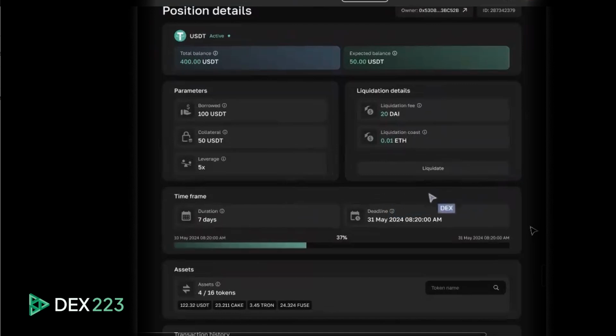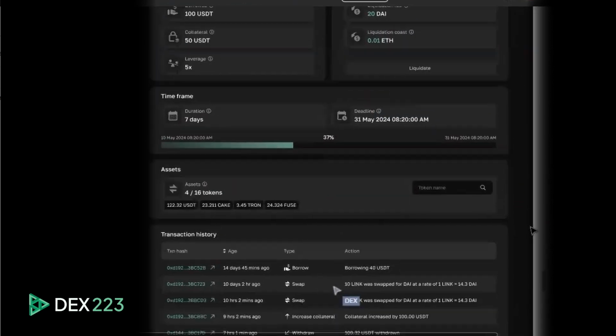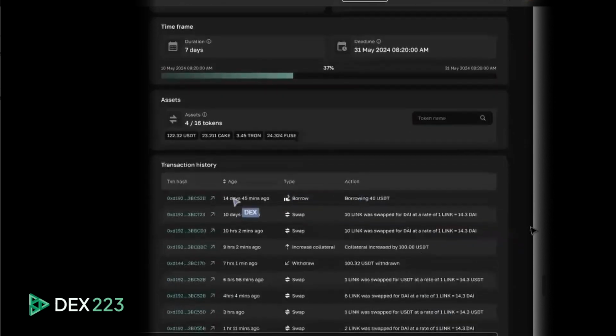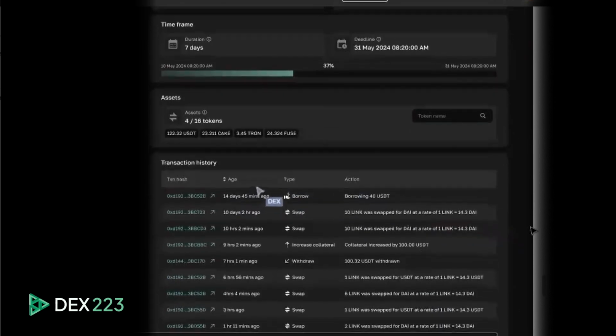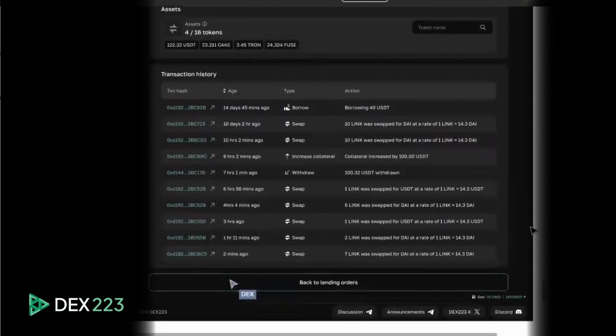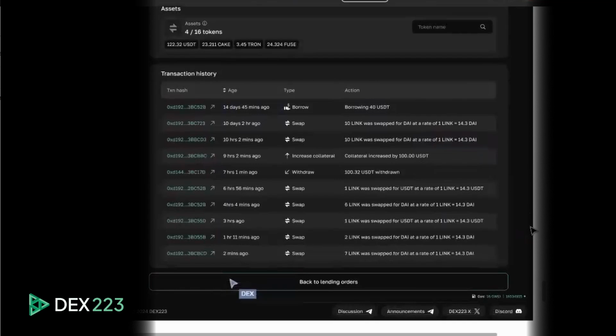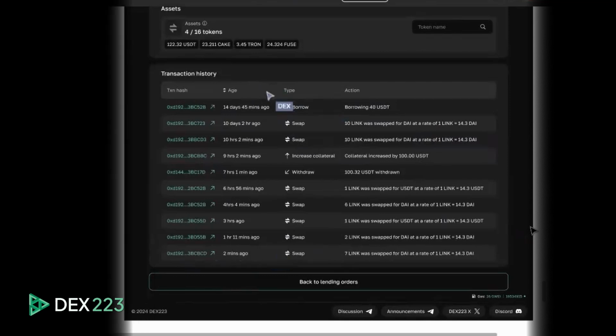And here you will be able to find the transaction history. For any position, we will keep a transaction history, not actually we, but it will be stored on the blockchain, and we will represent it in this way. So everyone will be able to observe what kind of operations were performed on each position at any time.